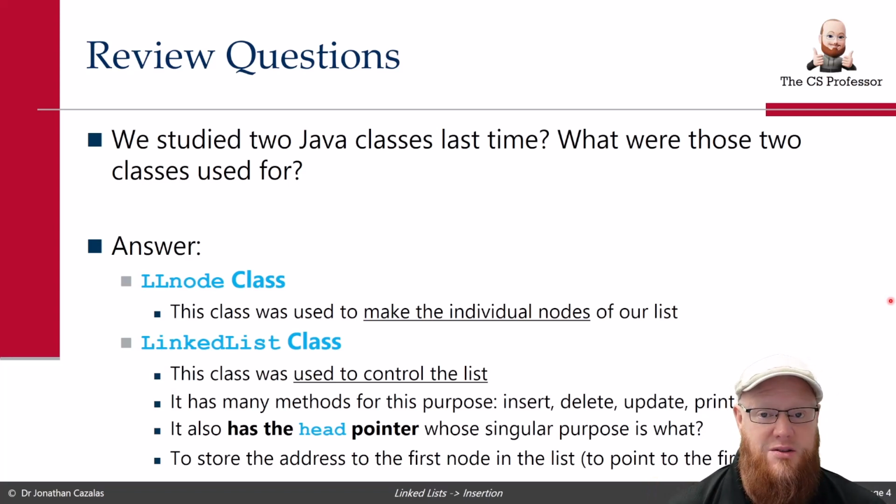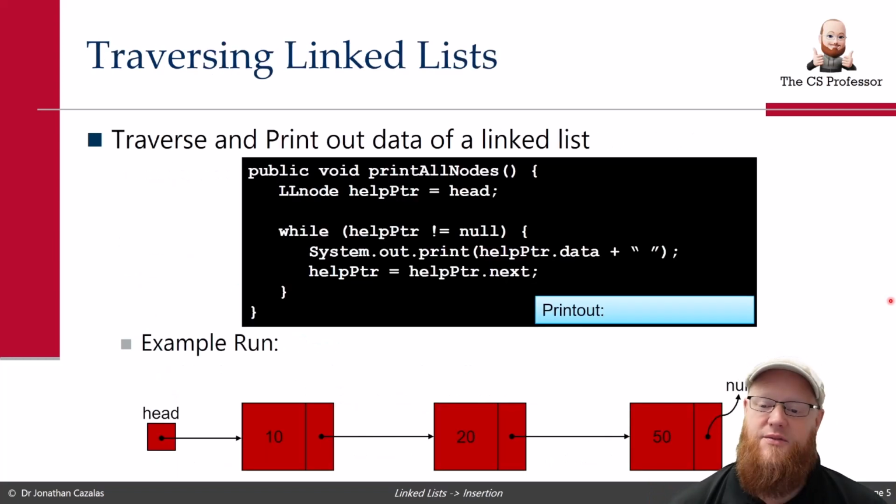All of those methods are inside this linked list class, which is used to control our list. Also, the linked list class has the ever important variable head, which has what singular purpose or single goal in life? To point to that first node.